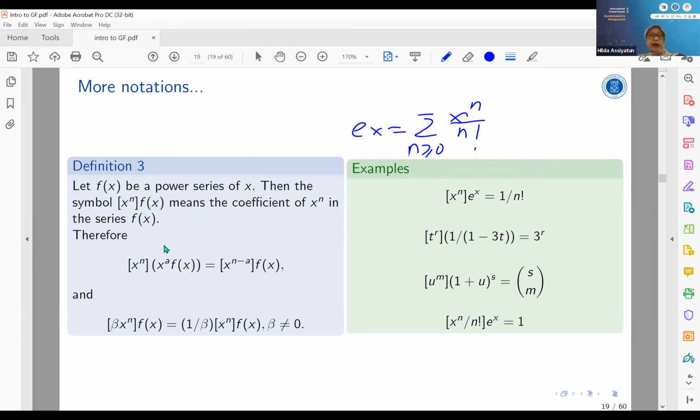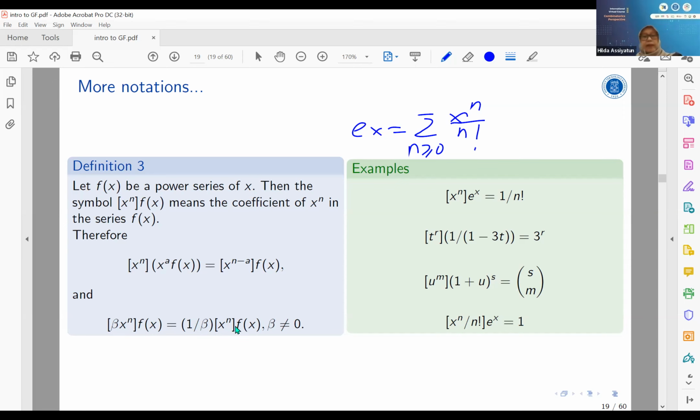Consequently, [x^n] x^a f(x) is equal to [x^(n-a)] f(x). And the coefficient [x^n] of beta times f(x) will be equal to beta times the coefficient [x^n] of f(x).